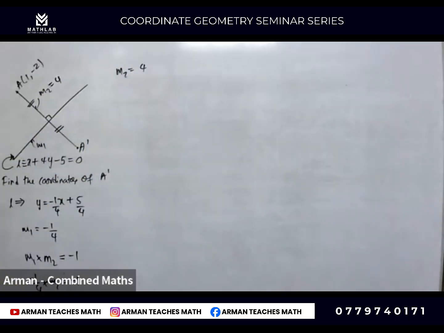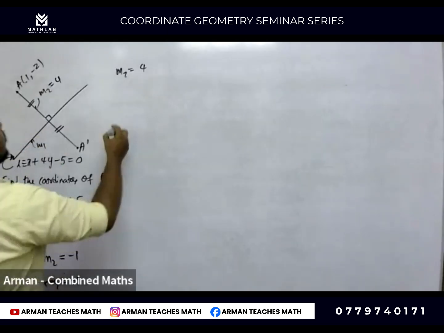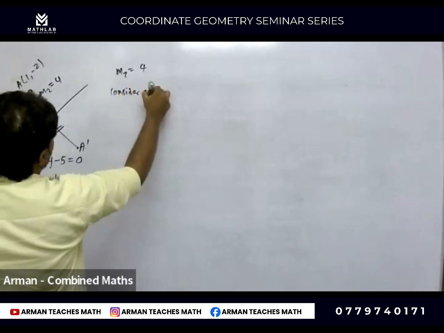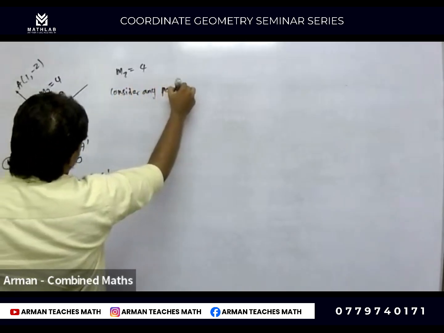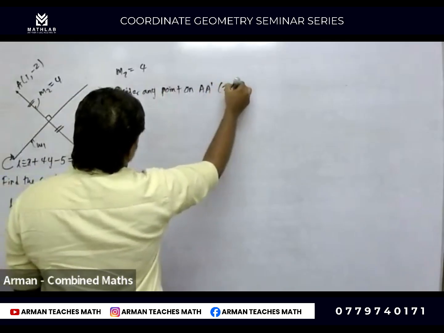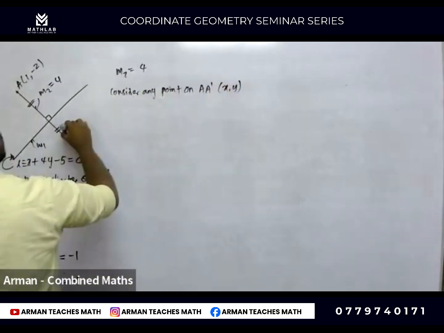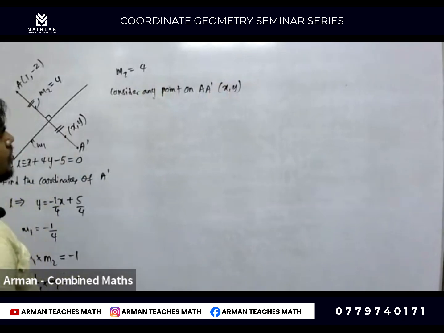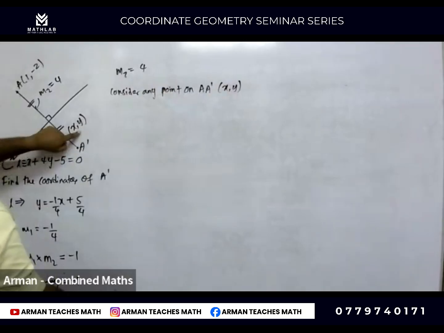What is our goal next? Find the coordinates on this A dash parametrically. Now what I'm going to do is consider any point on A dash as x comma y. It can be any point on this. How to write the gradient using this x comma y?